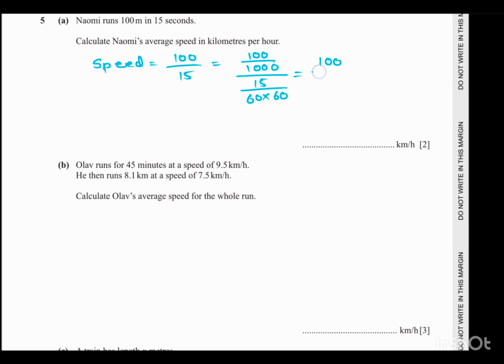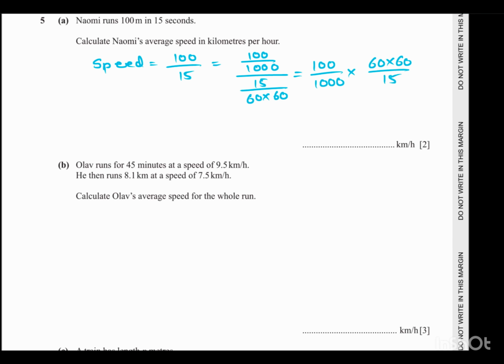So you write the two fractions by flipping that fraction in the denominator. So here you can cancel out the zeros. So you get here, wait, let me write here, 100 by 1000 into 60 into 60 by 15.